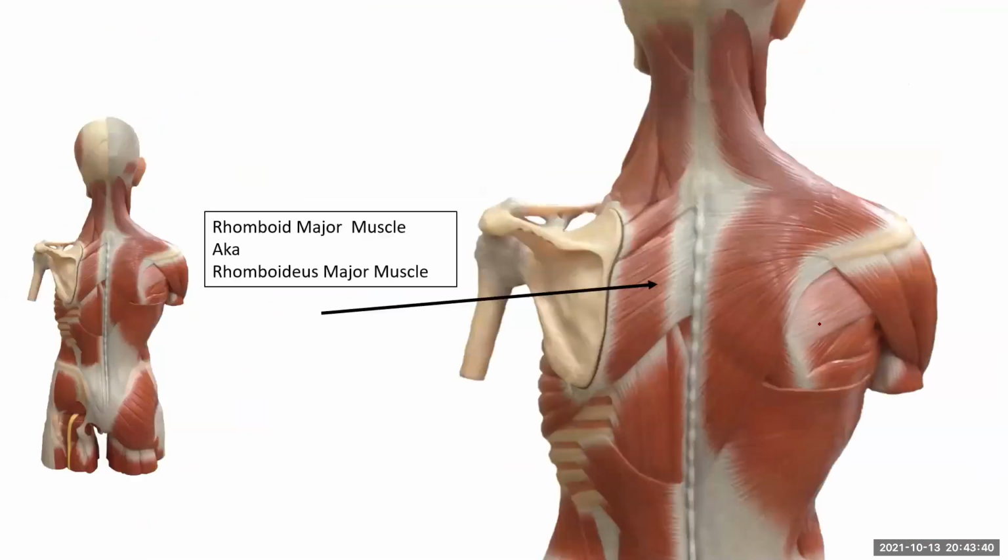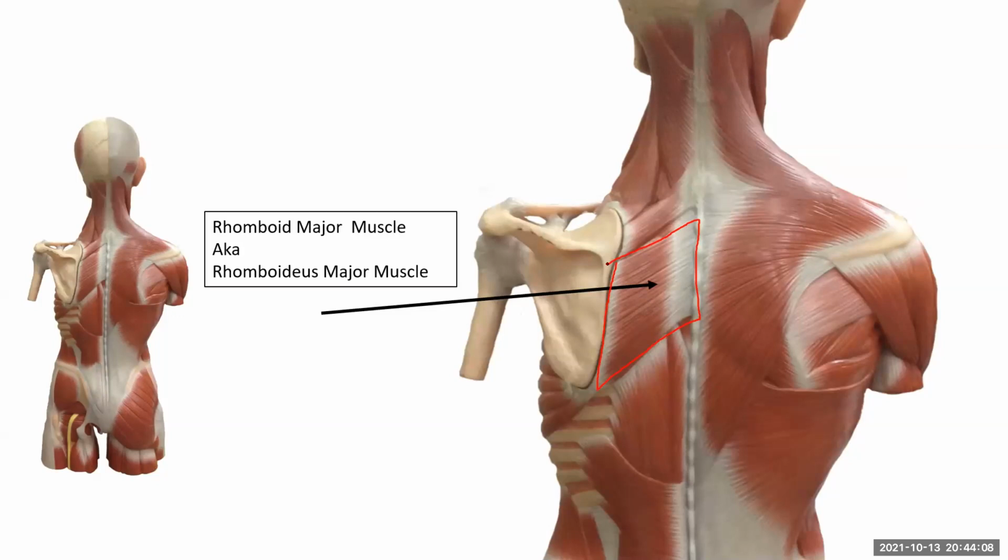Now on the back, in the thoracic region of your spine, you've got two muscles that attach the scapula to your spine. The one here that the arrow is pointing to is the rhomboid major muscle. And again, a rhomboid is a four-sided geometrical shape, and that's what we're seeing here. That's the rhomboid major muscle, or rhomboideus major.